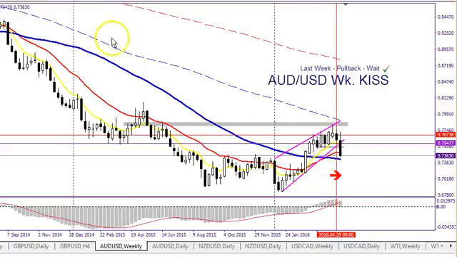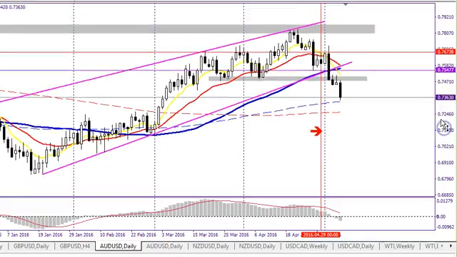And let's take a look at the daily now. Last week I did say we were in a bullish channel. You can see last week up to this red vertical line, we were still in a bullish channel between the upper trend line and the lower trend line, okay, and price was still above the 50, the blue SMA right here.